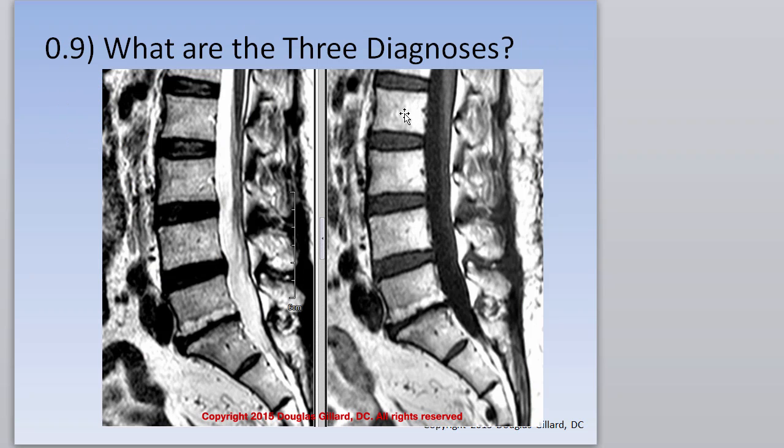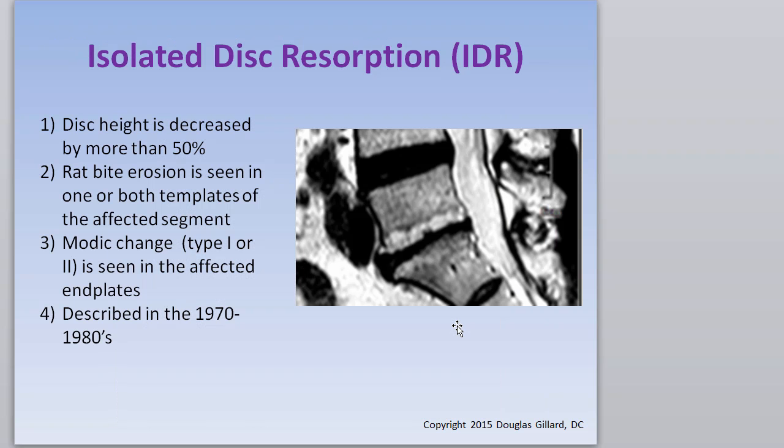Okay, what are the three diagnoses here? Let's see. We talked a little bit about this one, where you get Modic changes, rat bite erosion, and a thin disc, probably with annular tears inside this disc. That's isolated disc resorption.